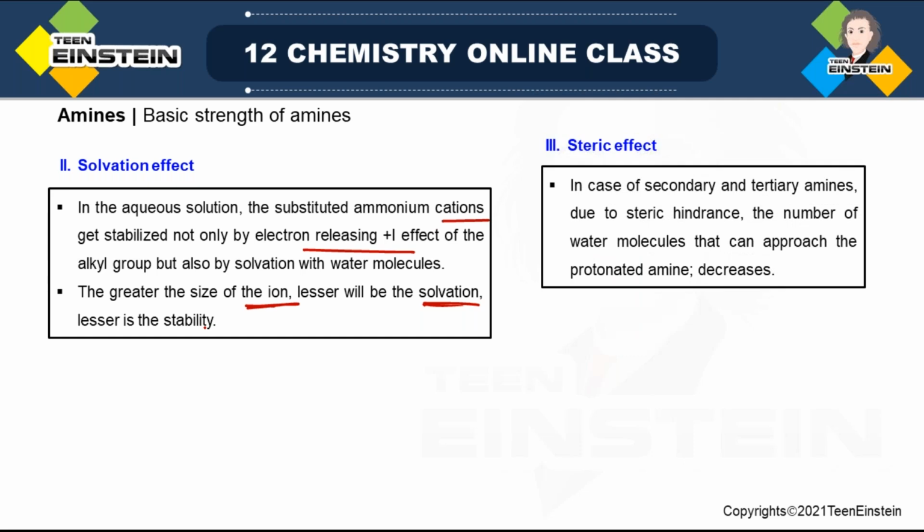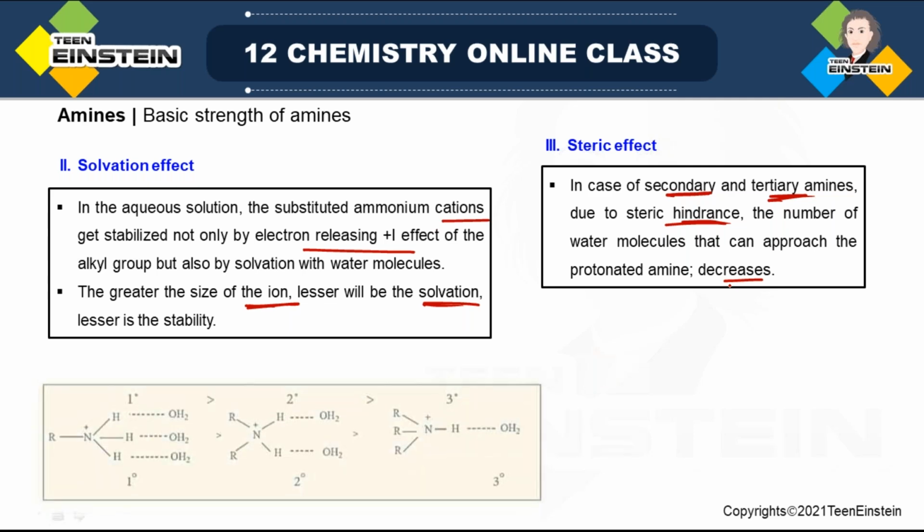And that is actually the steric effect. So compared to 1 degree, in case of secondary and tertiary, because of steric hindrance, secondary has more steric hindrance, and compared to 2 degree, 3 degree has more steric hindrance. So gradually it is increased. So when it is secondary and tertiary, the number of water molecules that can approach the protonated amine will decrease.